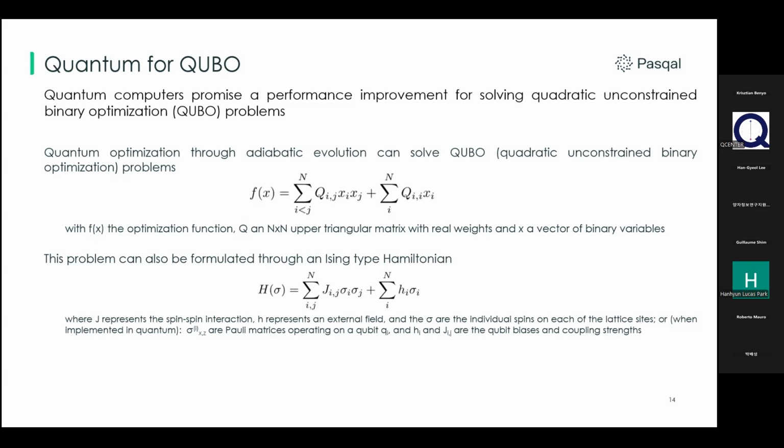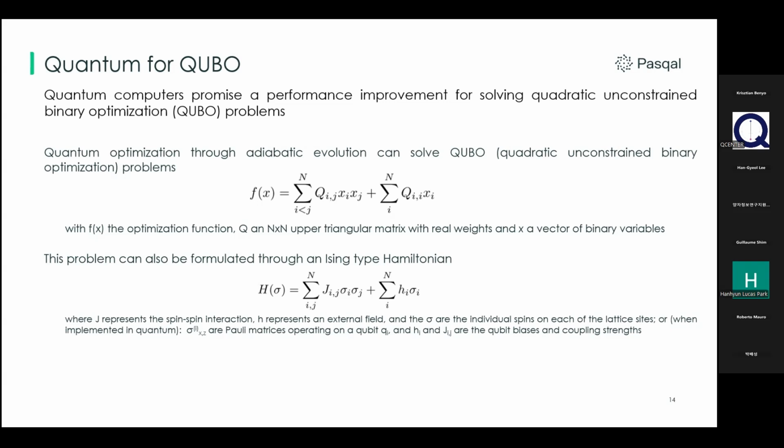So an Ising type Hamiltonian formulation is a physical representation of a spin electron system in which there are two body terms acting on the system. So each of the two spins present have an interaction term in between them.